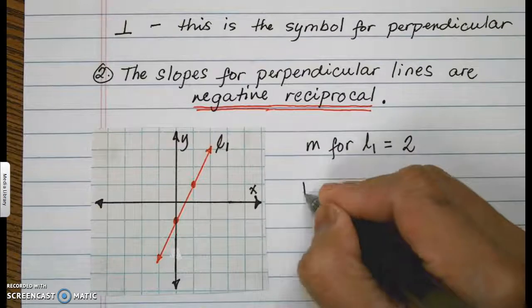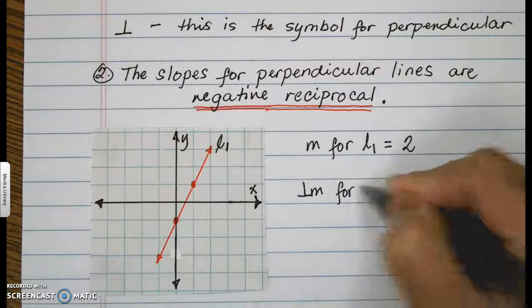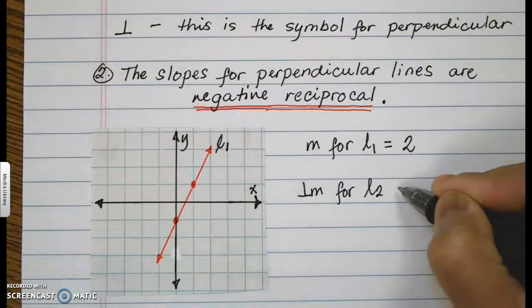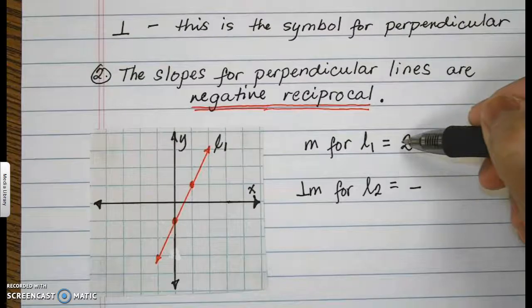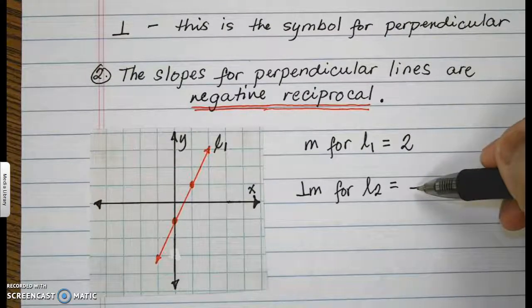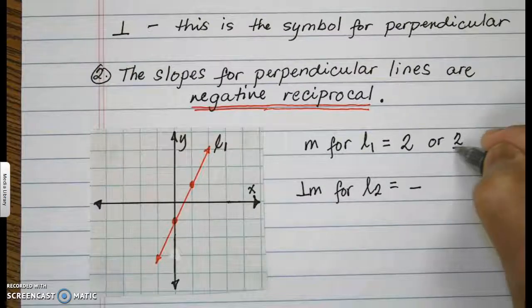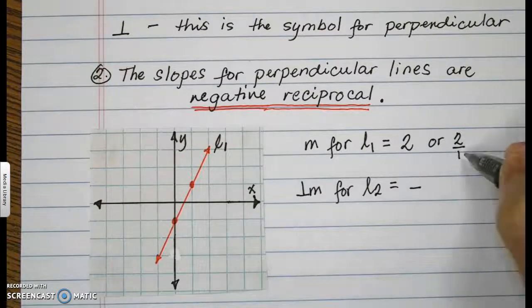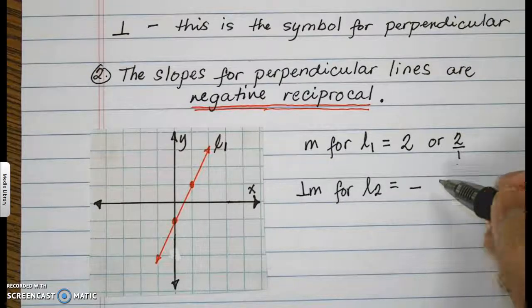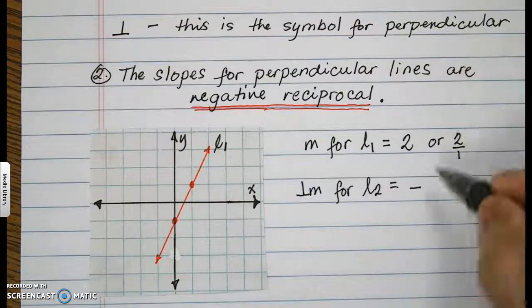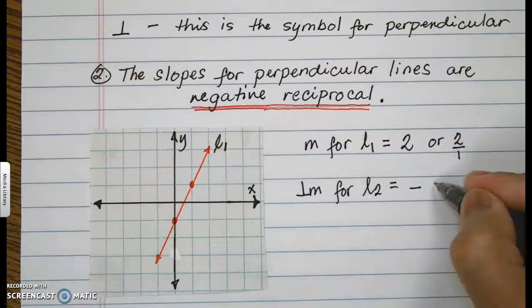My perpendicular slope for line 2, we will create line 2, must be negative because this is positive, so you want it to become negative this time. And this is in a fraction form, 2/1, so you will have to flip this and get the reciprocal. The slope for line 2, to become perpendicular to line 1, must be -1/2.